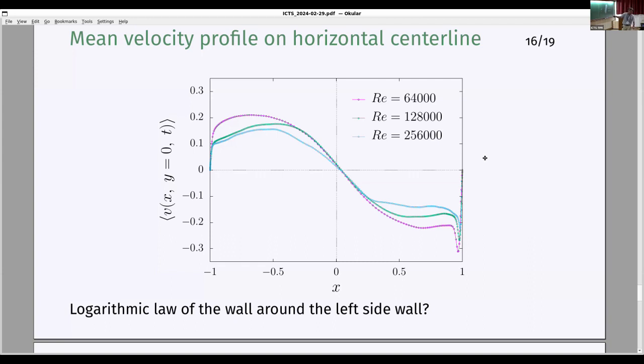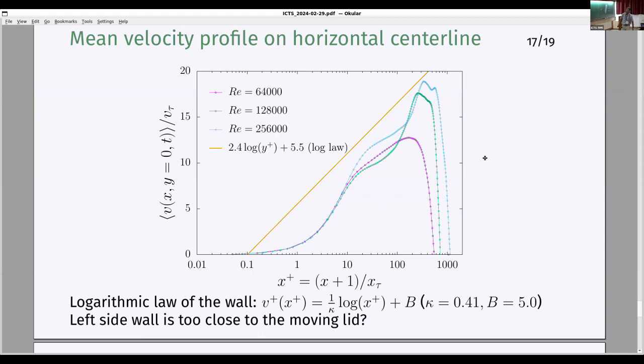So let me focus on this region and take the standard way of normalizing, this time V plus and X plus. The V divided by V tau gives you the V plus. So the data looks like this.